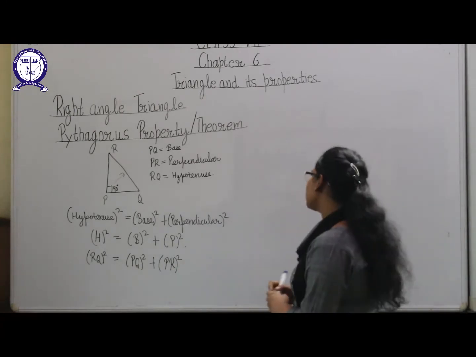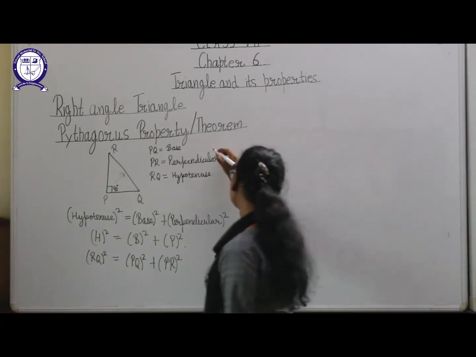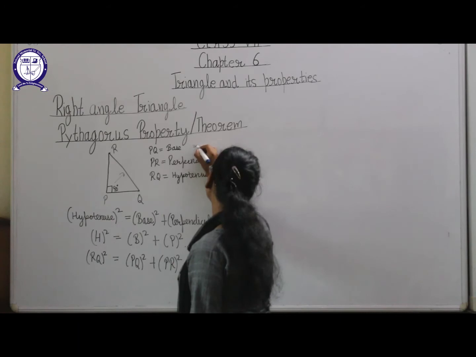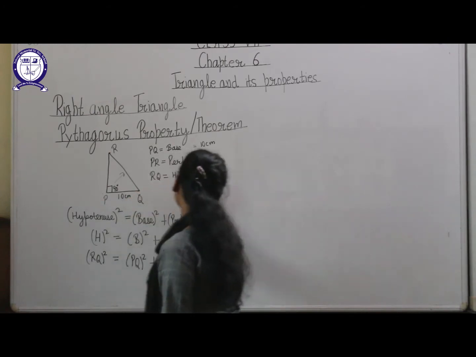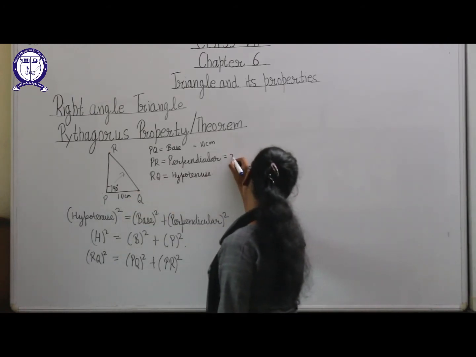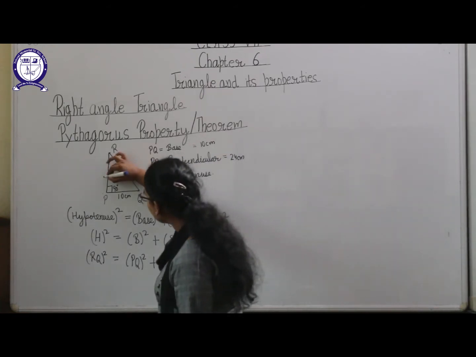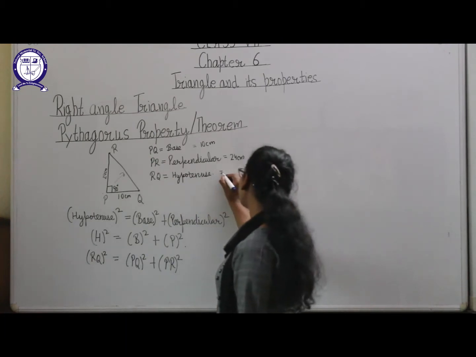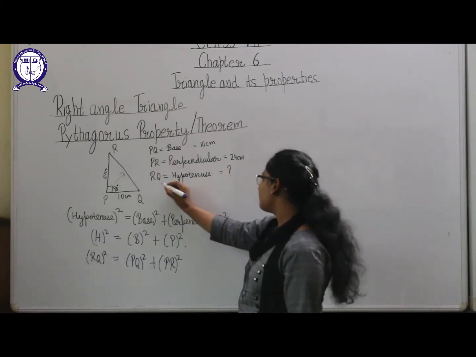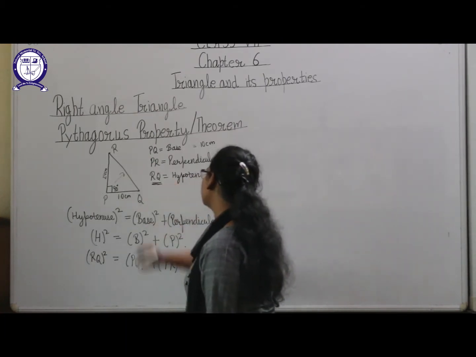Now suppose the question is given to you that the base PQ is 10 centimeter and PR is 24 centimeter. It means this perpendicular PR is 24 centimeter and you have to find the hypotenuse, meaning you have to find RQ here.